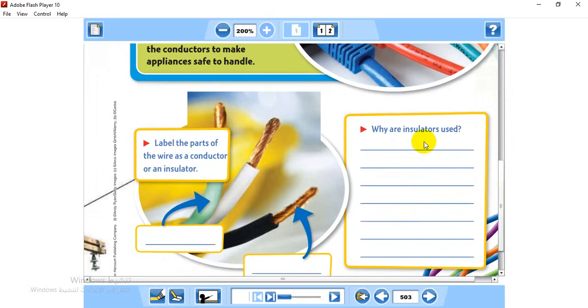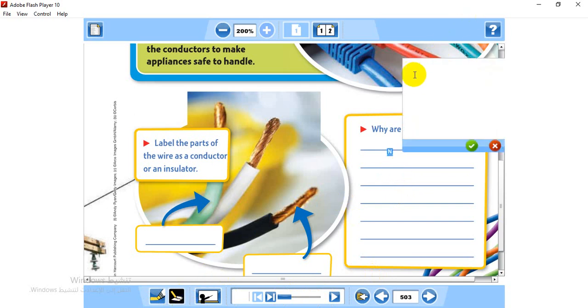Why are insulators used exactly? I think all of you now remember from my explanation why insulators are used, but you have to remember why before I prepare some answers. So what can we write here, guys, tell me.